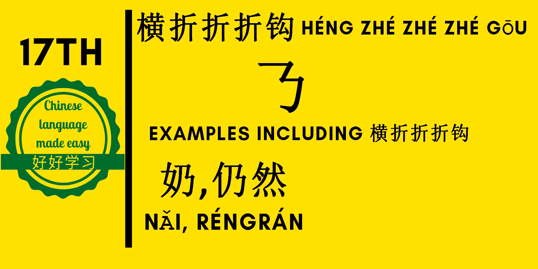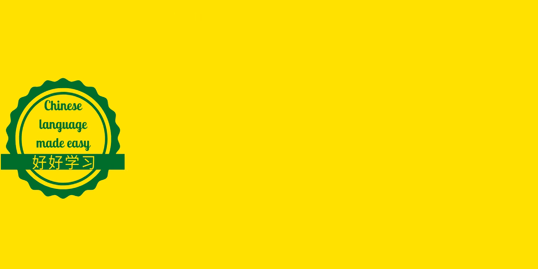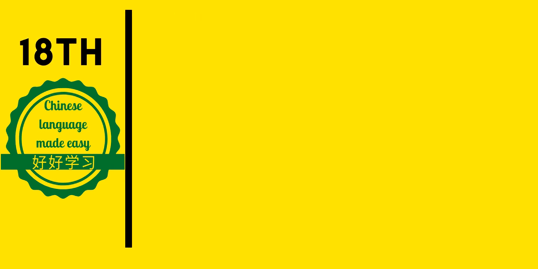In English, the first one is used for milk, and the second one is used for saying still. Okay, I still didn't watch that movie. So it can be used for that. So this is the 17th stroke, and now we will discuss the 18th stroke.